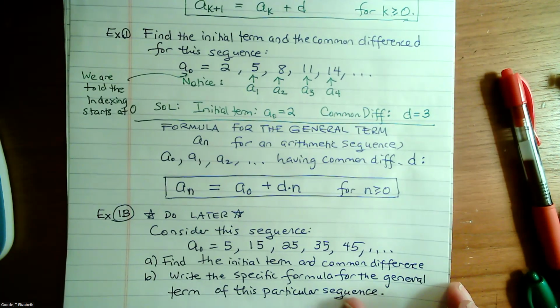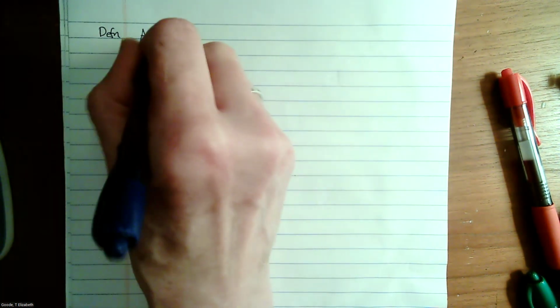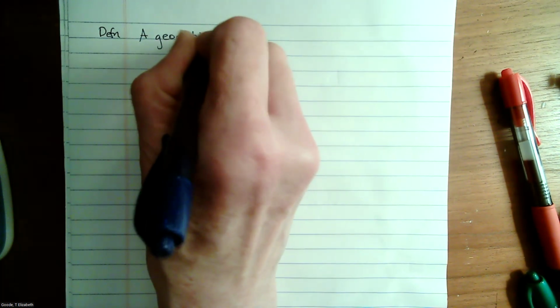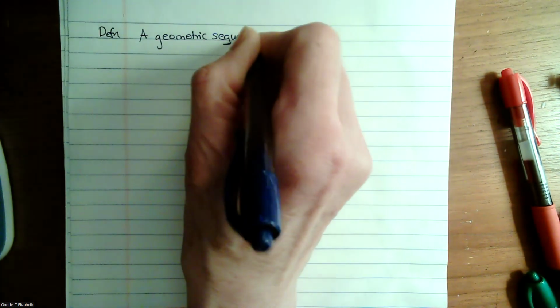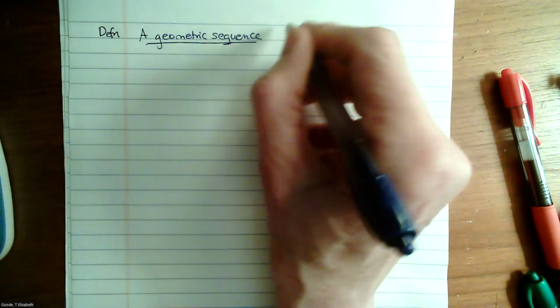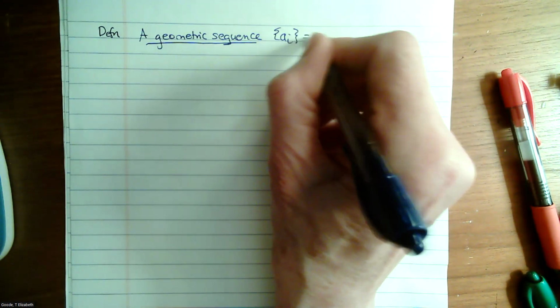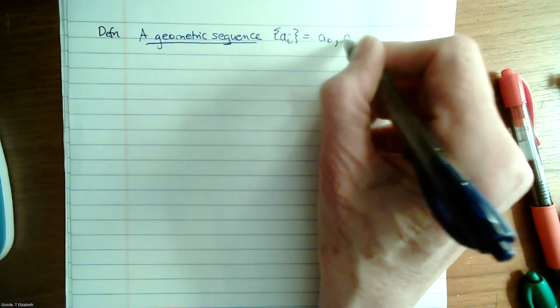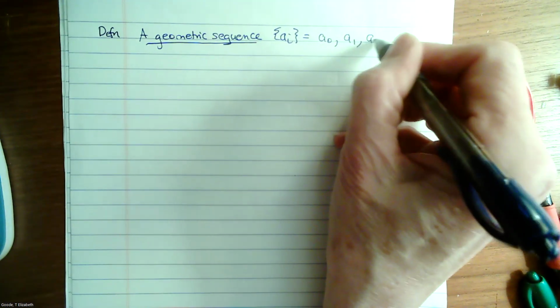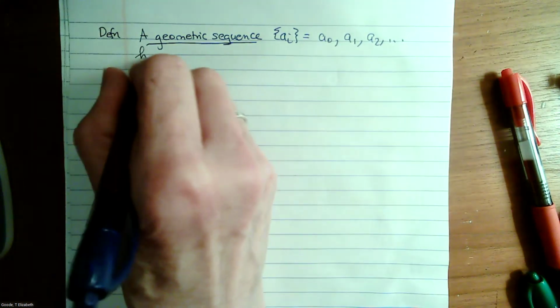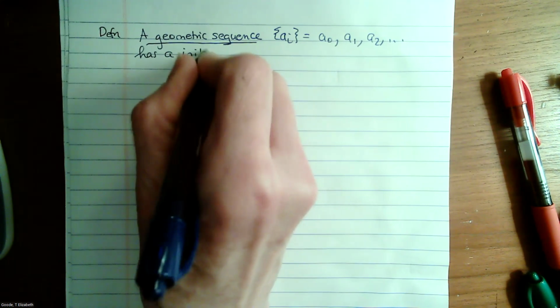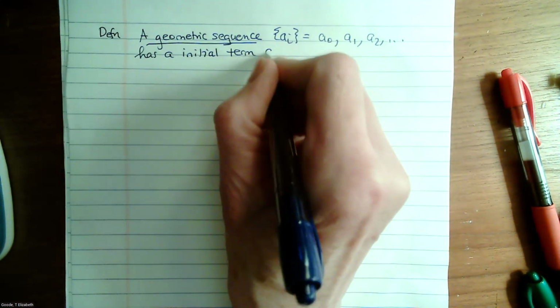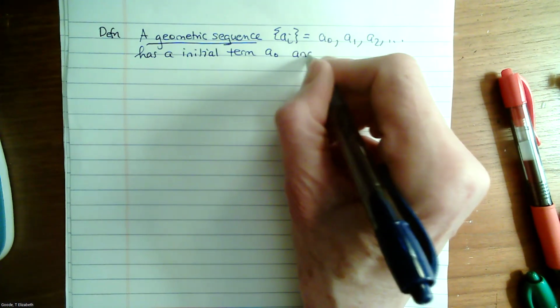Now, a geometric sequence is the next kind of sequence we want to define. A geometric sequence, say a sub i, which is a sub 0, a1, a2, dot, dot, dot, has an initial term, a naught, and a common ratio.